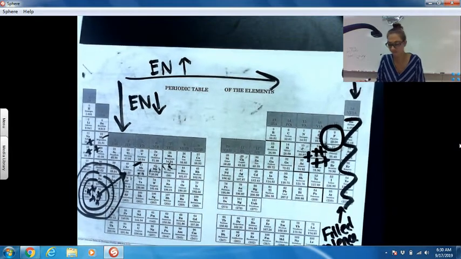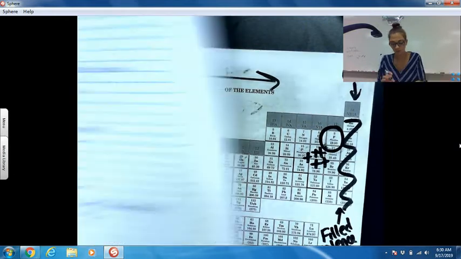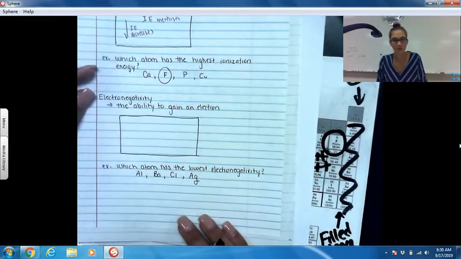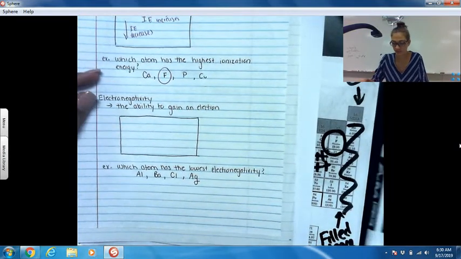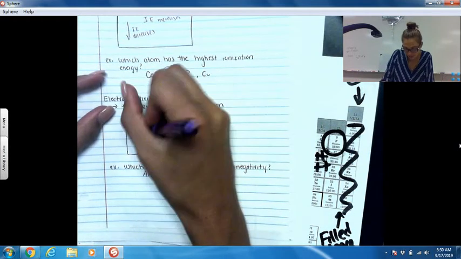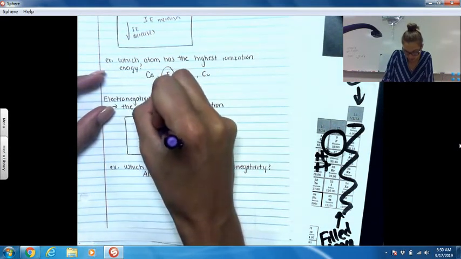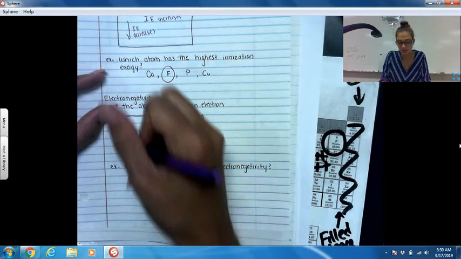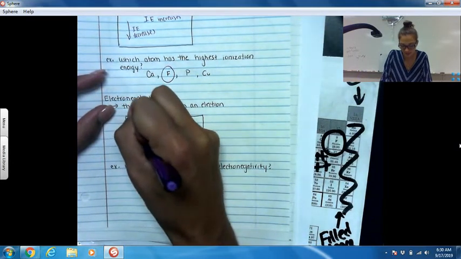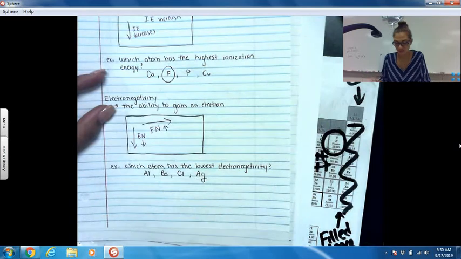So, question that we have here is, which atom has the lowest electronegativity? So we said that electronegativity increased as we went across, and we said that electronegativity decreased as we went down. So let's go ahead and find our elements that it's asking about.